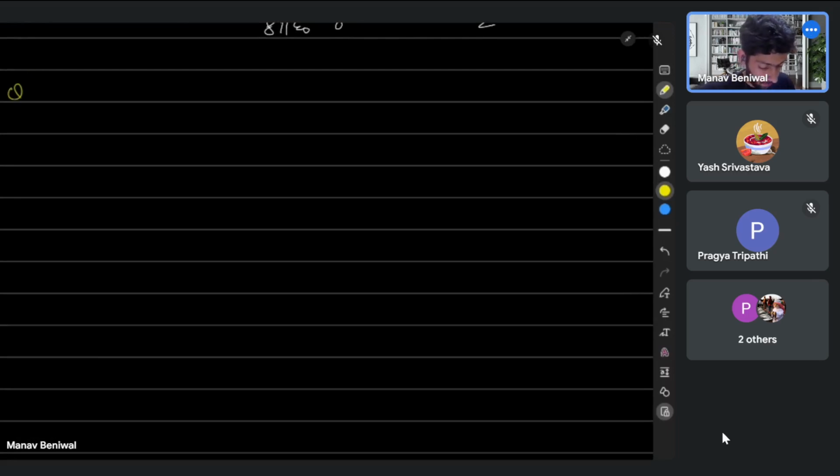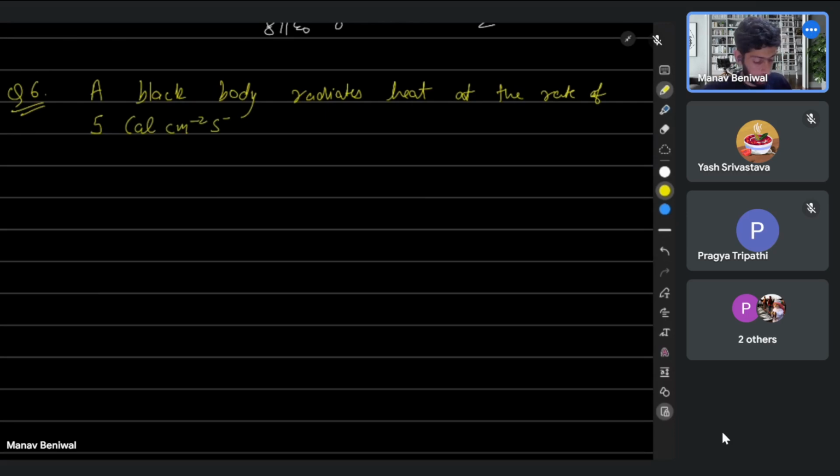So let's solve the next problem. A black body radiates heat at the rate of 5 calories per centimeter square per second when its temperature is 27 degrees Celsius.